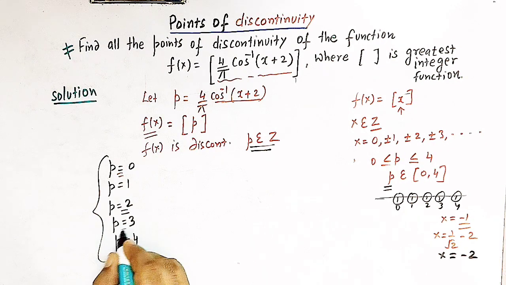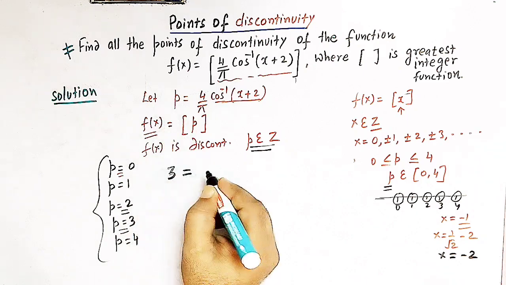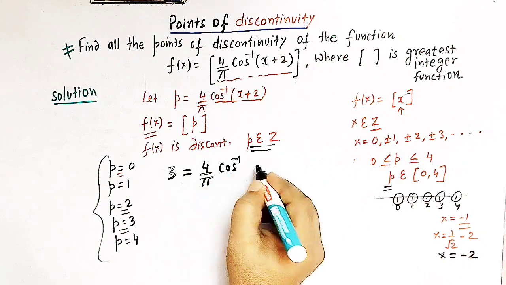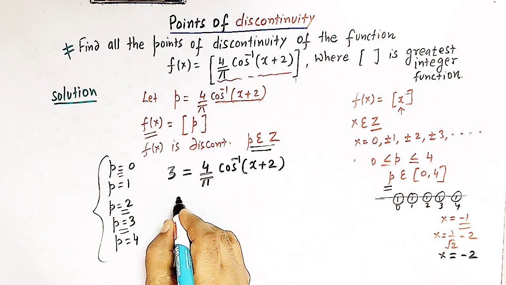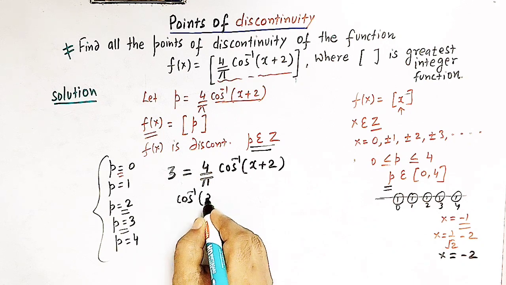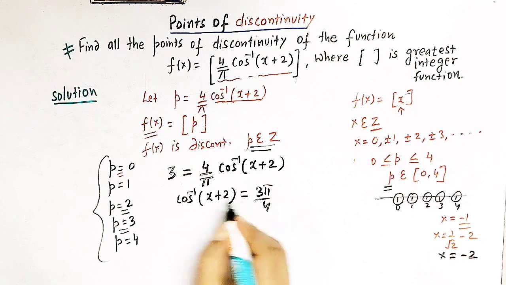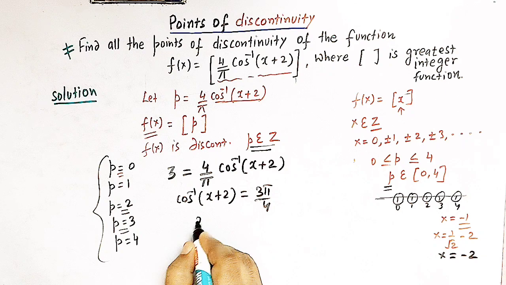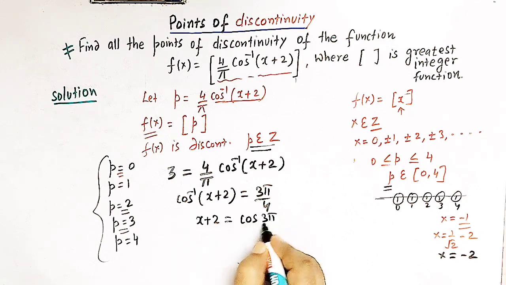So now let us take p is equal to 3. So when we have p is equal to 3, then we can now write 3 is equal to 4 over pi cos inverse (x plus 2). Now we can write cos inverse (x plus 2) is equal to 3 pi by 4. So here we multiply 3 by pi and divide by 4. So now we have x plus 2 is equal to cos of 3 pi by 4.